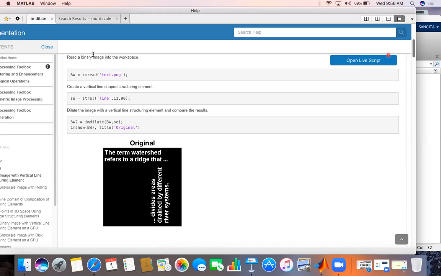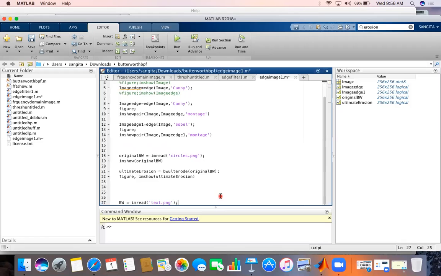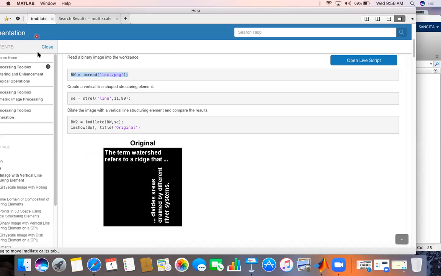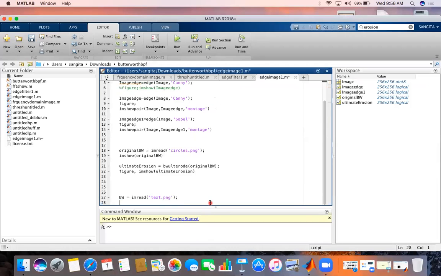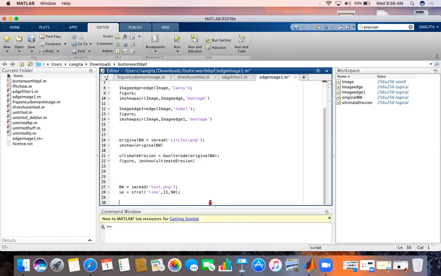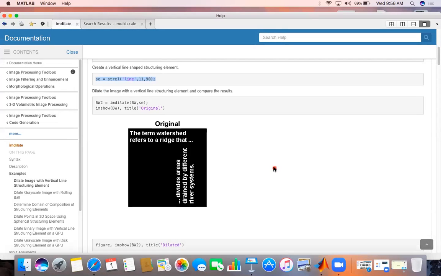So this is an image, a text image. What should be the structuring element shape that should be identified? By default, you can try on your own. Just one example here, I'm giving the outline. One can do it on their own.